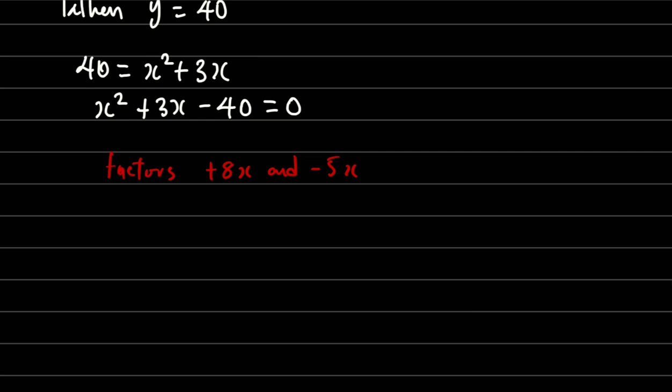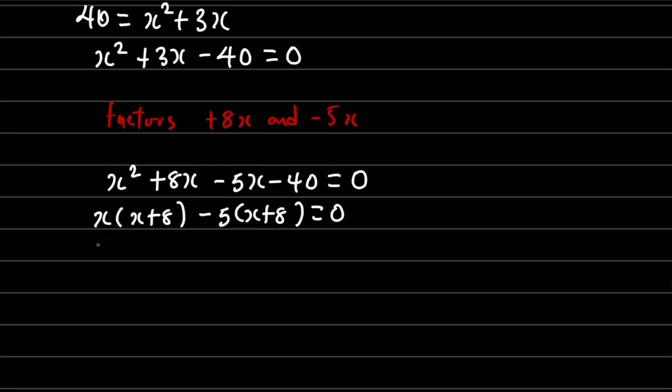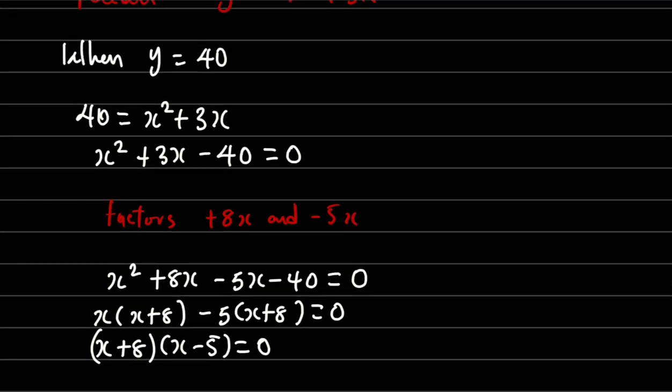So replacing it, we are going to have x squared plus 8x minus 5x minus 40 is equal to 0, so that we have x into x plus 8, then we have minus 5 into x plus 8 is equal to 0. So we have x plus 8 and we have x minus 5 is equal to 0. So in this case, x is equal to minus 8 and x is equal to 5. Then we move quickly.